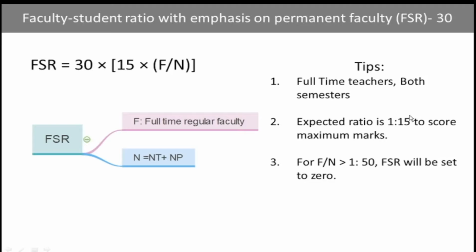So the idea of getting maximum marks under this metric is having your faculty to student ratio close to 1:15. However, if your ratio exceeds 1:50, then F upon N for this metric will be set to 0, resulting in your FSR being 0 as well.